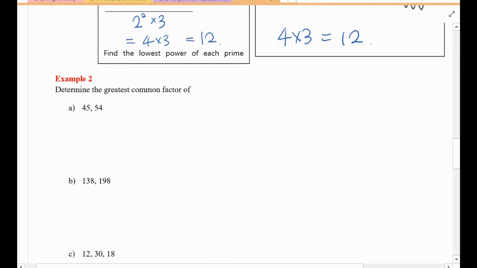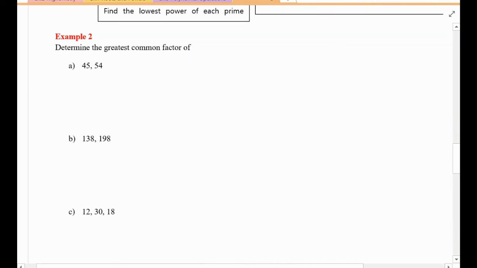Okay, everyone, let's move on. I want you to pause the video and try A, B, C by yourself. Go ahead, everyone. Okay, let's do example 2 together. Look at A, 45 and 54. What number do you like to use to divide?